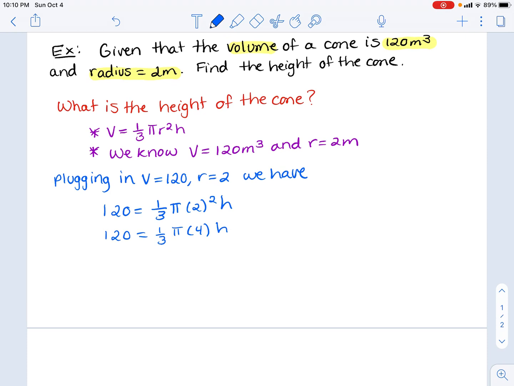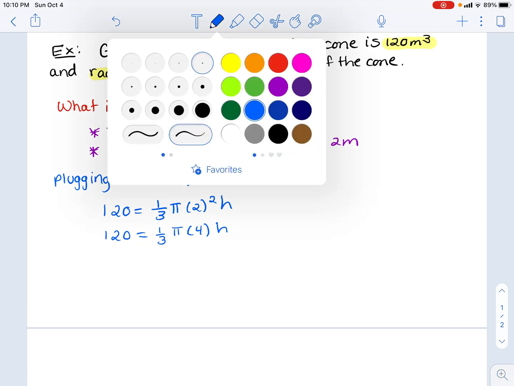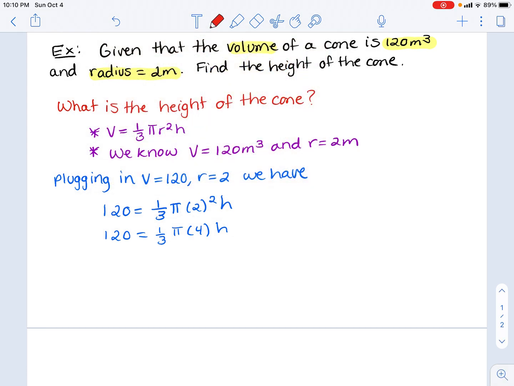So what do we do when we have a number times a variable? Well, we divide both sides by that number. So here, I'm going to do the exact same thing, where I divide both sides by 1/3 pi times 4.